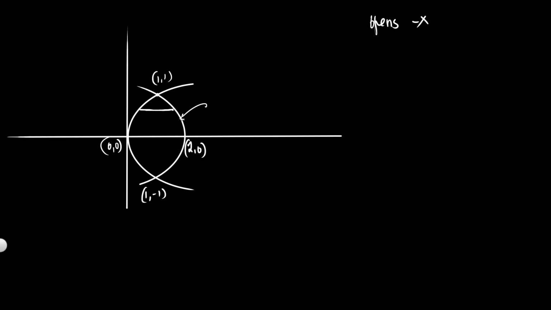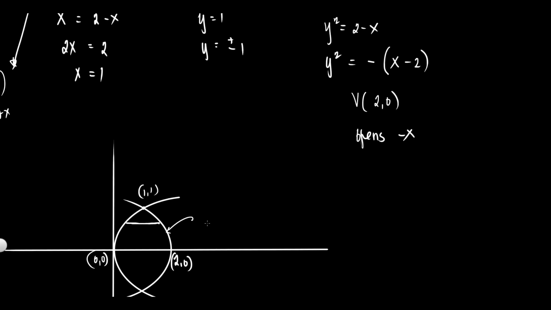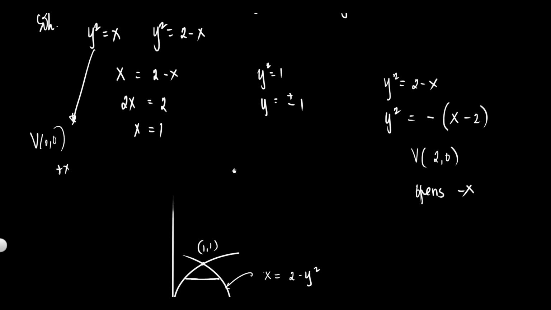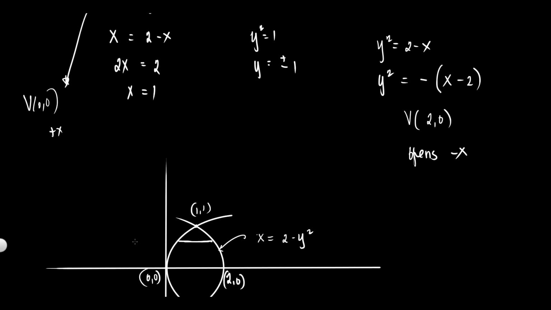So what is x here? This parabola is y squared equals 2 minus x. So x is equal to 2 minus y squared. Then the other parabola is y squared equals x, so x equals y squared is our x left.